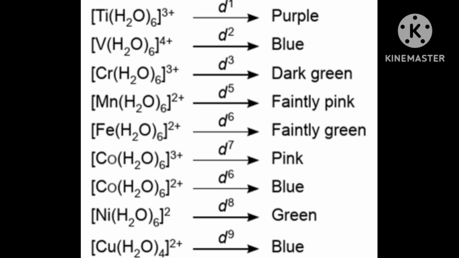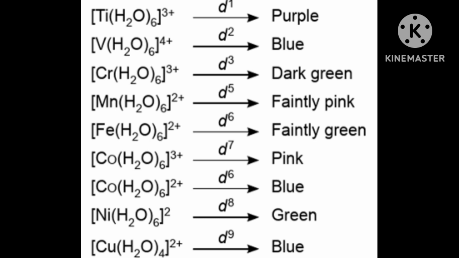Now again you can say this complex color will change. Again, if one more en enters, all the H2O will go out. Then this pale blue color will become violet, meaning [Ni(H2O)2(en)2]2+ in aqueous solution.